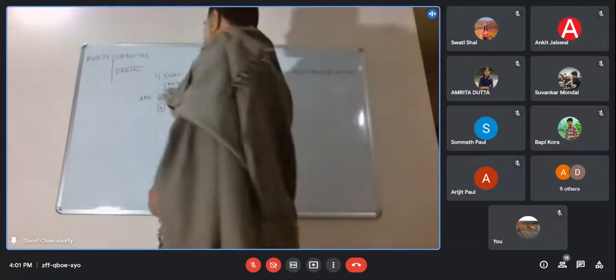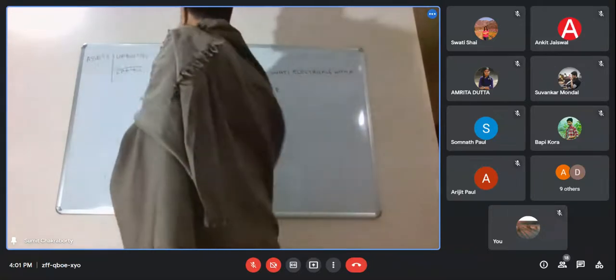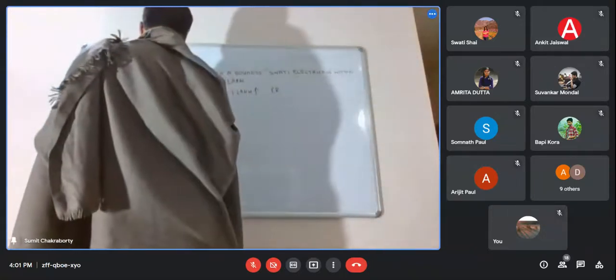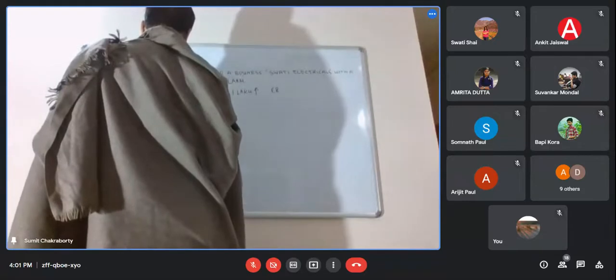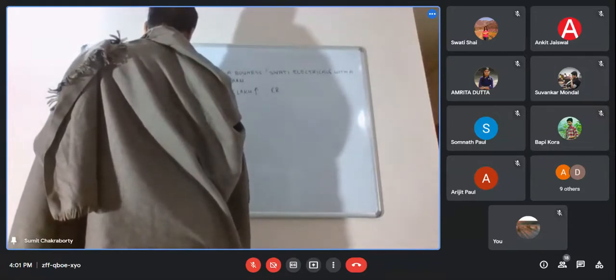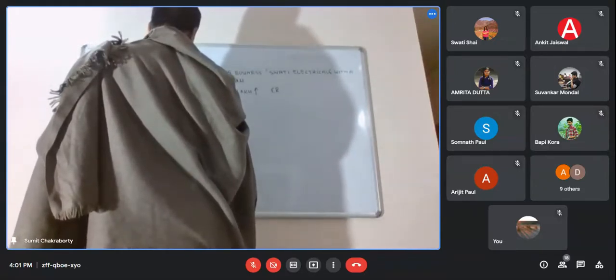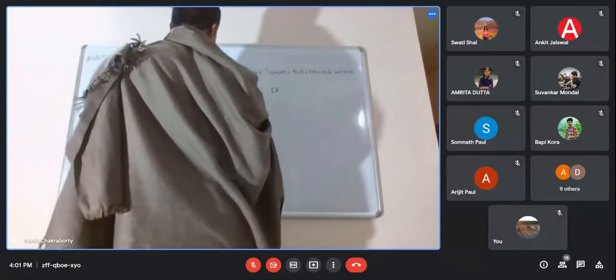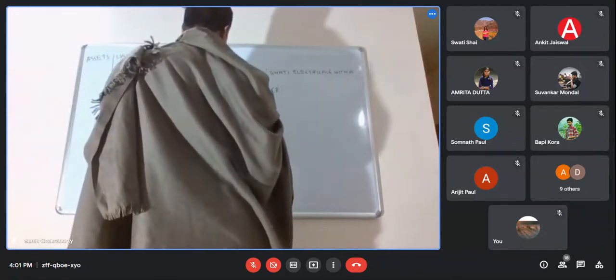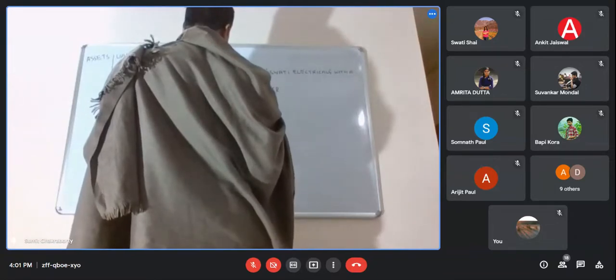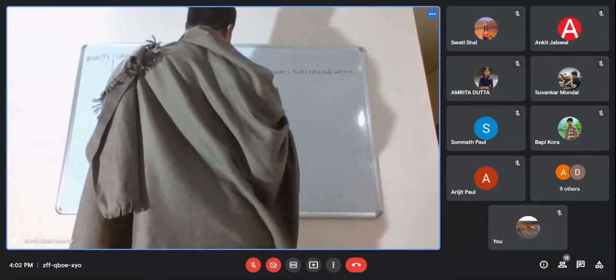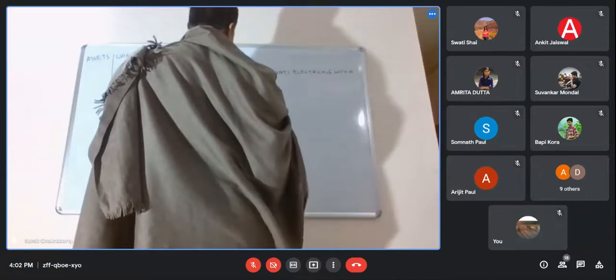So cash account, cash is an asset. Increase.